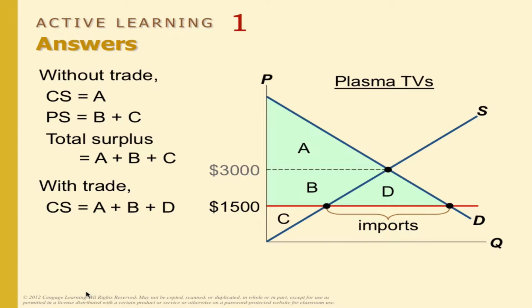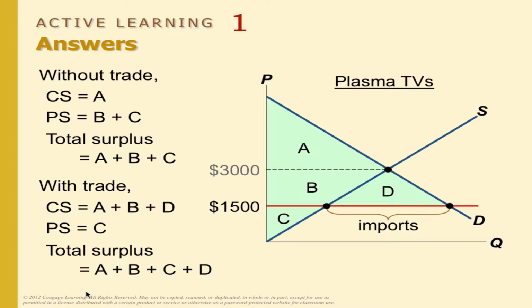So what is our total surplus now? Awesome, right? This is awesome total surplus. And what did we gain from engaging in international trade? D. That is significant gain from trade.